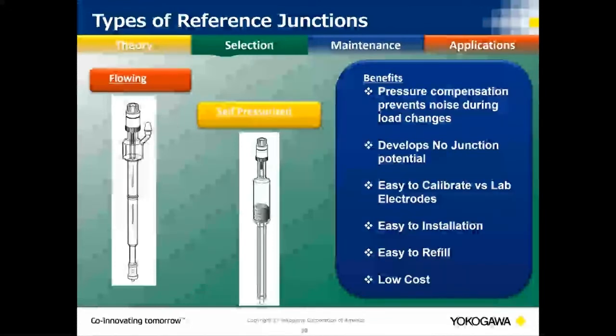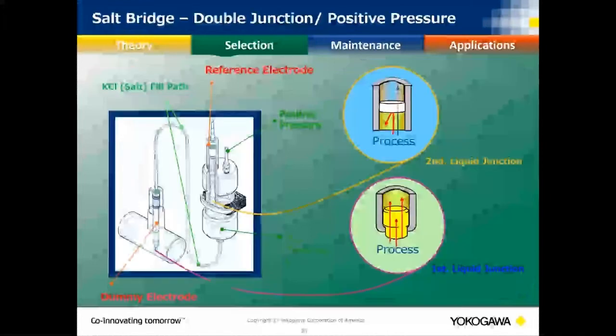In ultra pure water, most commonly you're going to see what we call flowing type junctions. Because the process is essentially pure water, there are no ions in there, we still need to make the continuity. So we'll have one that's open to the process that will allow complete continuity to complete that measuring circuit between the ORP electrode and the reference to give our ORP value.